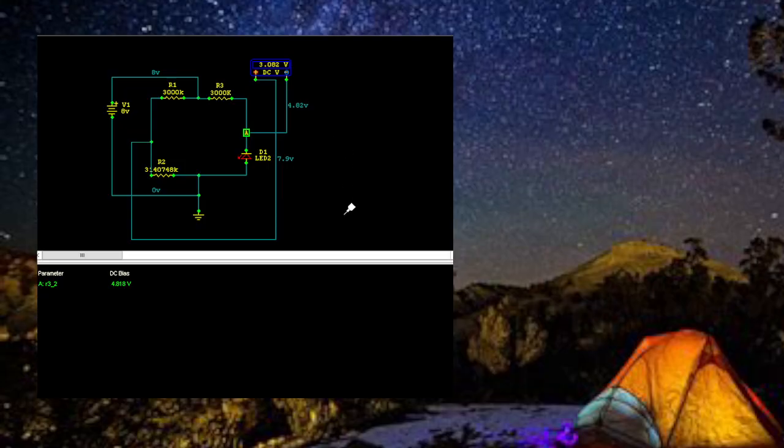.8 volts. And I've got 8 volts over here. So it means that I need more current flowing in that other lead, that other section. What if I drop those down to 1 meg?